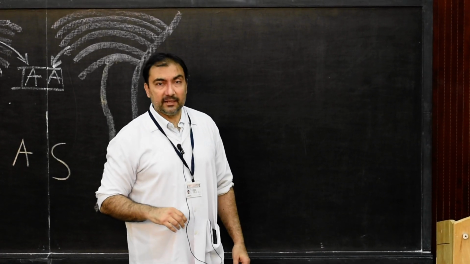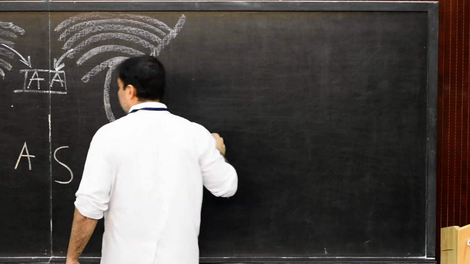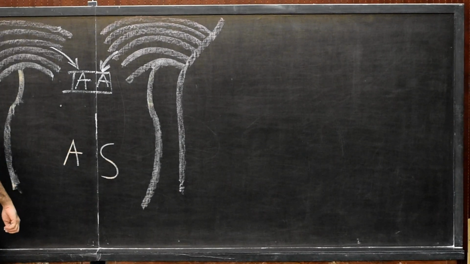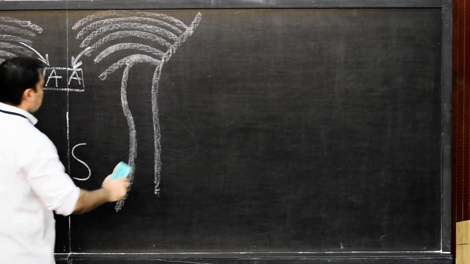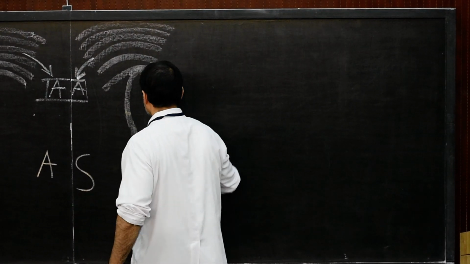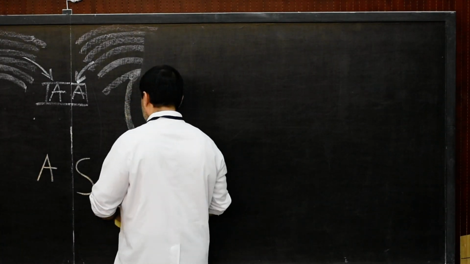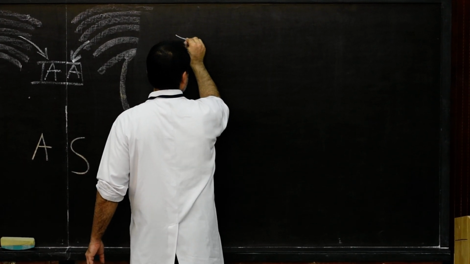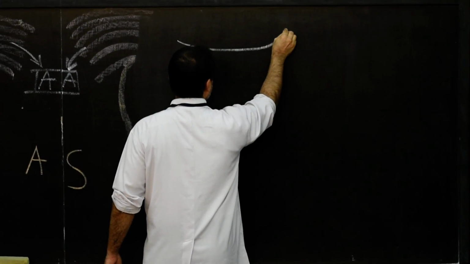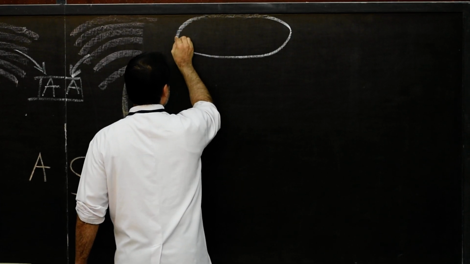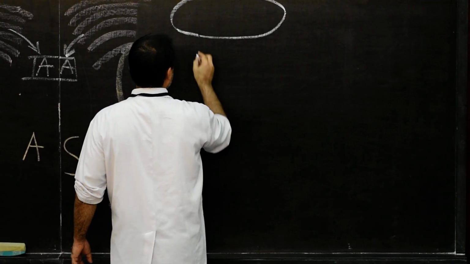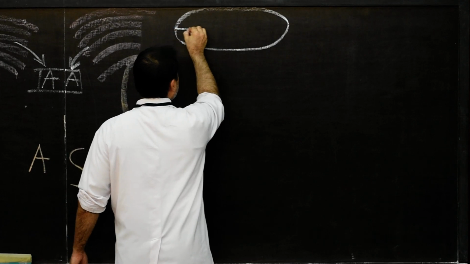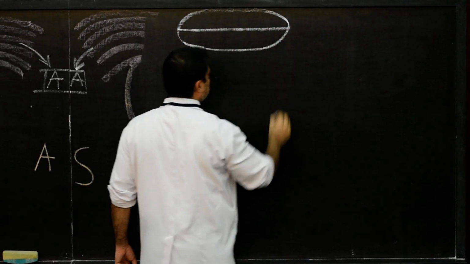How does it develop? For that, if I just rub this portion, now I show the entire thing. First I'll show the distal part. This will be the distal part, and here I will divide by a transverse ridge.